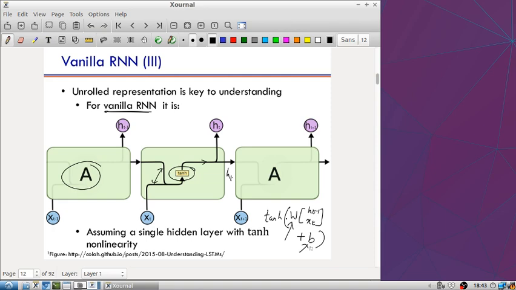Any other question? It's not like there's information being stored, and it's not like there's a memory here. This is another thing which you'll realize later.